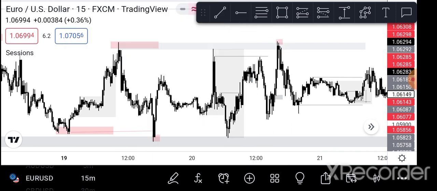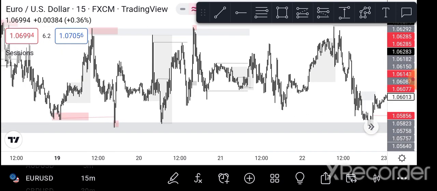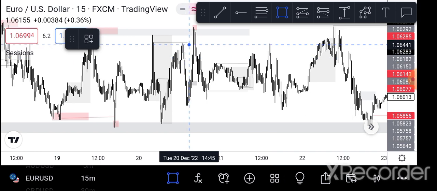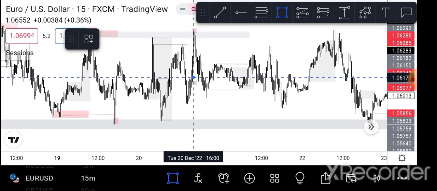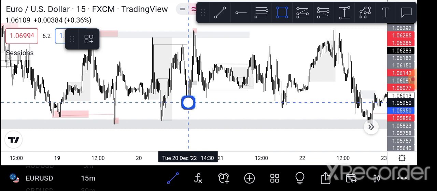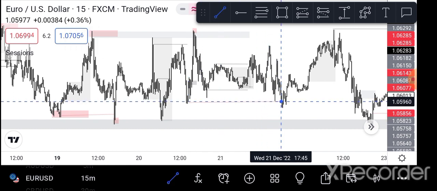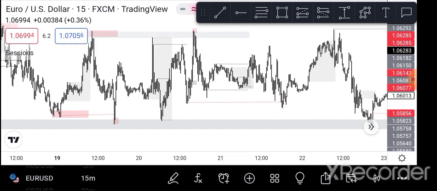So now you can see that price came, and this is the new higher high. You can see even this break of structure over here was fake. Are you seeing it? It was fake. Some people will call it a break of structure.